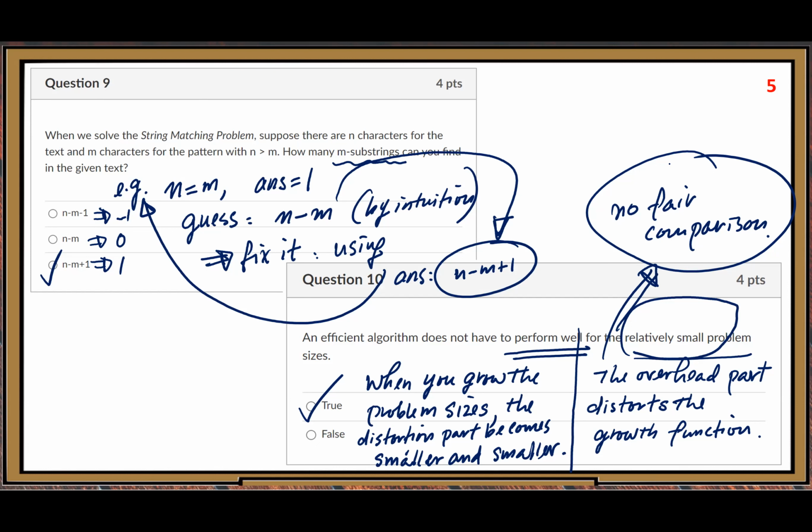All right. So that is the 10 questions from quiz number 2. Before we move to quiz number 3, I would like to talk about two relatively hard questions in homework 1 first.